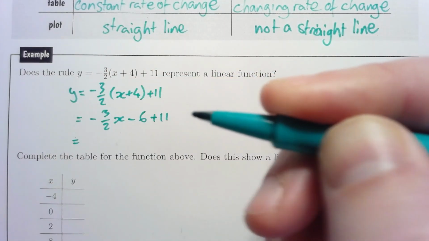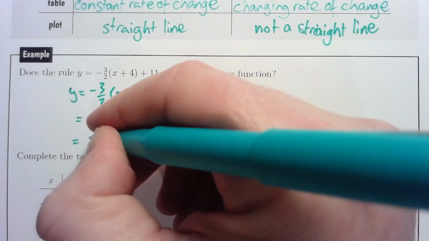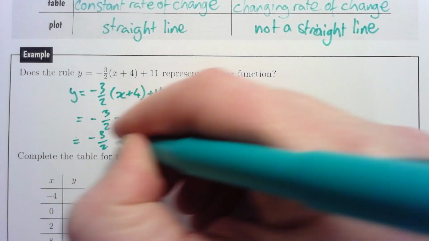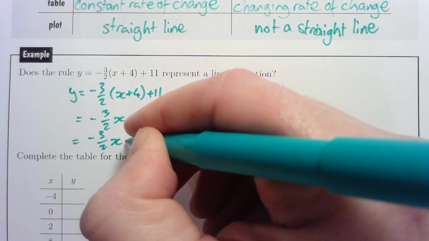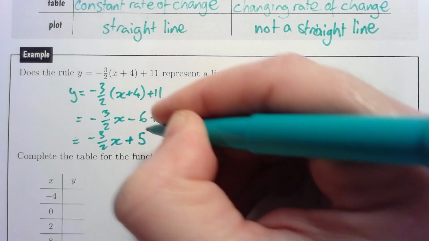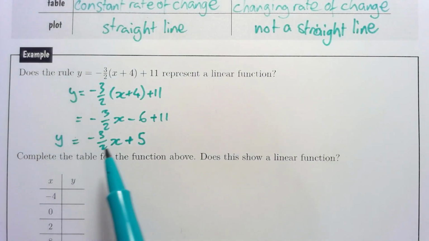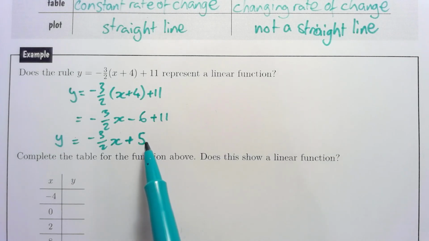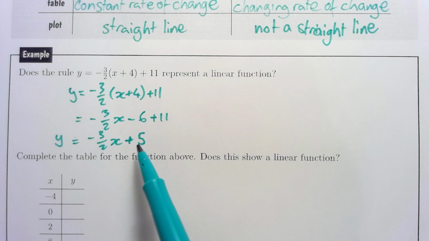And finally, we can combine like terms here with my constant terms to get negative 3 over 2x. Negative 6 plus 11 is 5. So that's plus 5. And what do you know? This is in the form y equals mx plus b. M is negative 3 halves and b is 5.